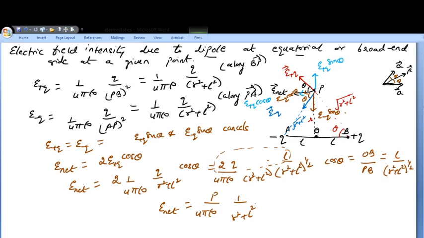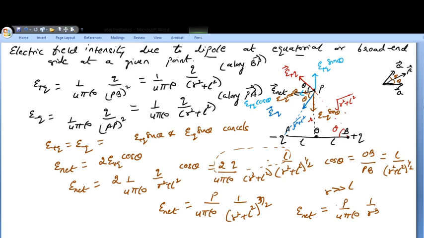Now 1 plus half is 3 by 2, law of indices. And if R is very much greater than L, what will this expression be? E net will be equal to P upon 4 pi epsilon naught times 1 upon R cube. This L can be neglected, so square and square will cancel out. This is 3, so you will have R cube.